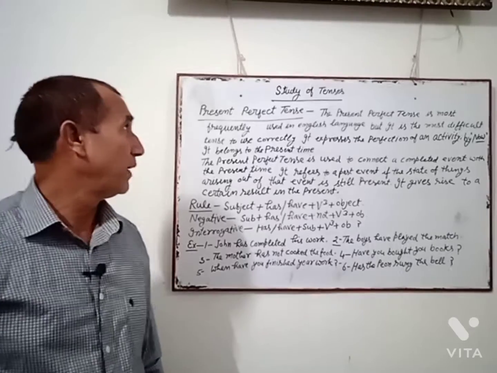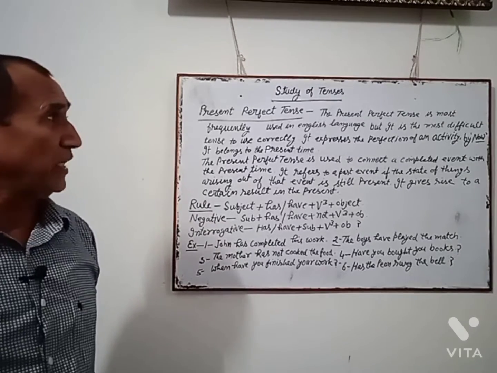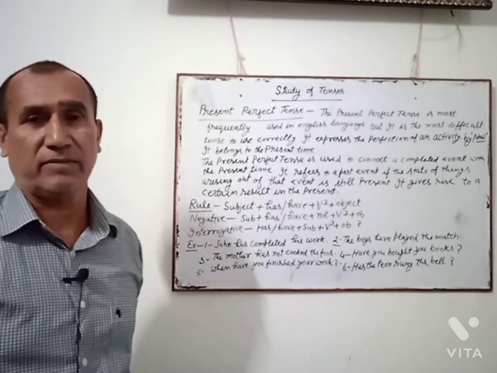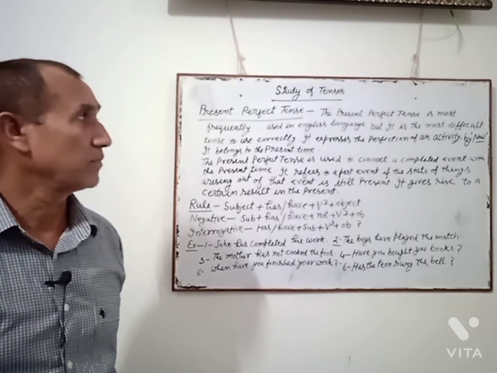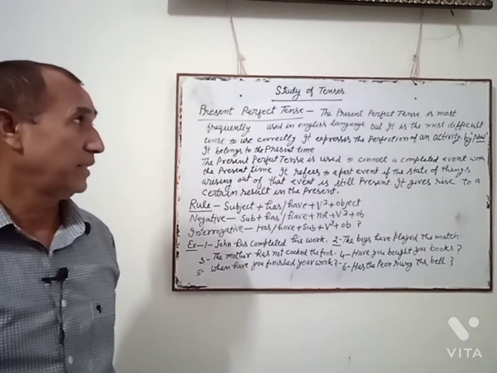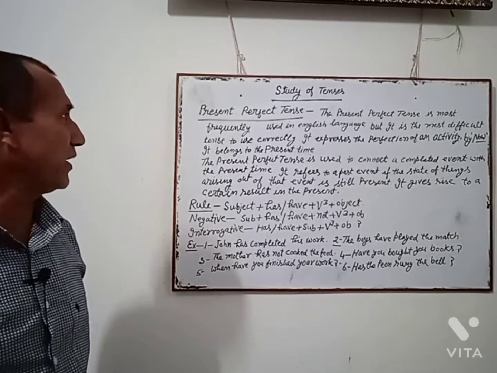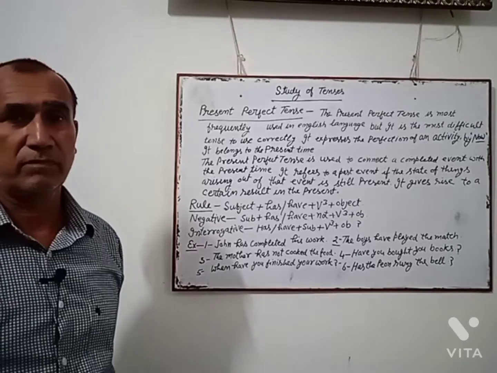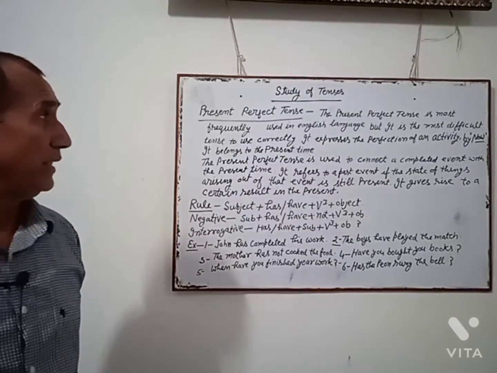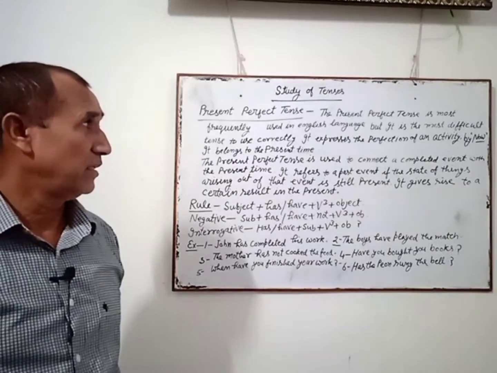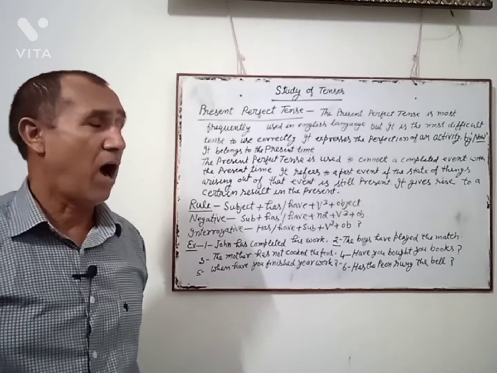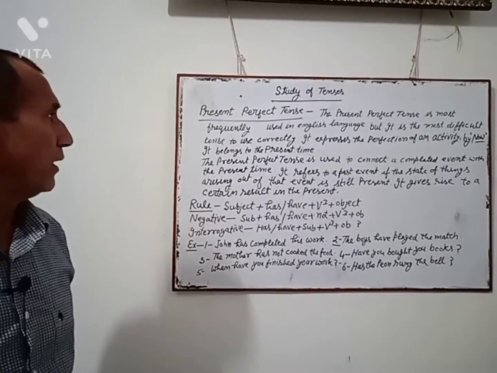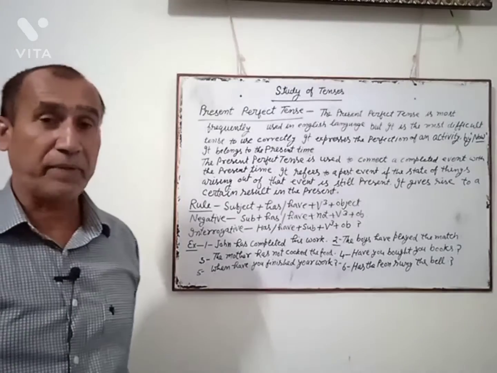Once again, the present perfect tense is most frequently used in English language, but it is the most difficult tense to use correctly. It expresses the perfection of an activity by now. It belongs to the present time.